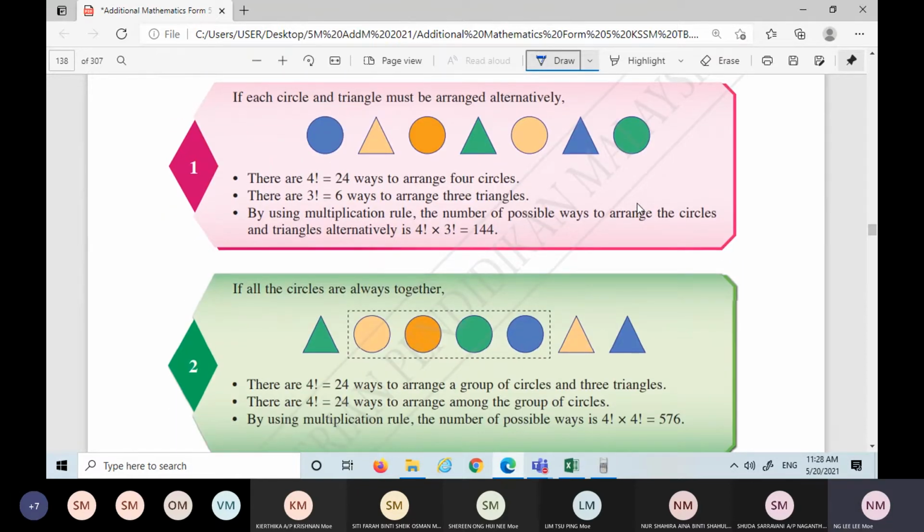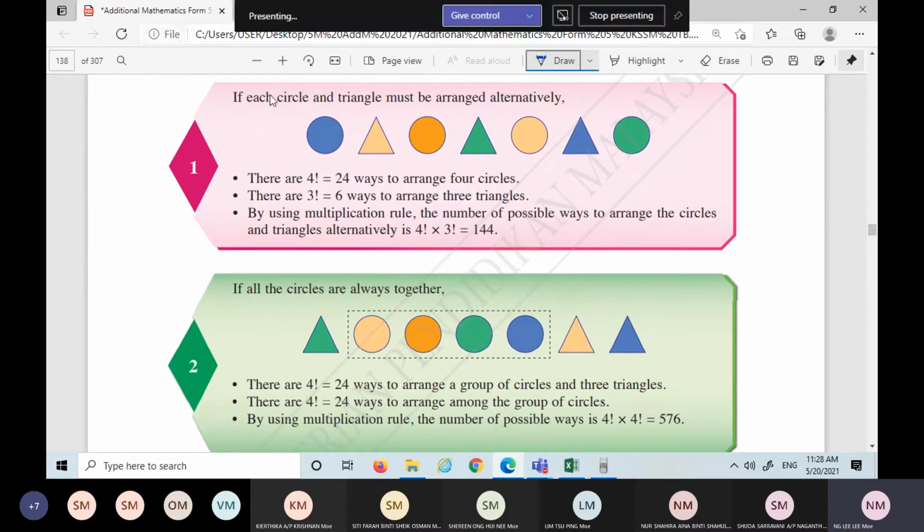Look at the first case. Each circle and triangle must be arranged alternately. It means circle, triangle, circle, triangle, circle, triangle, circle.